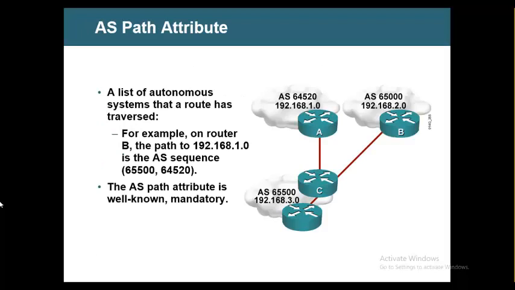Here is an example for AS path. Kindly read it by yourself once, and then if you have a question, let me know. The sequence in which the AS numbers are arranged in the update is: the first one is the immediate AS, meaning the next AS. The last one is the AS from where it originated.